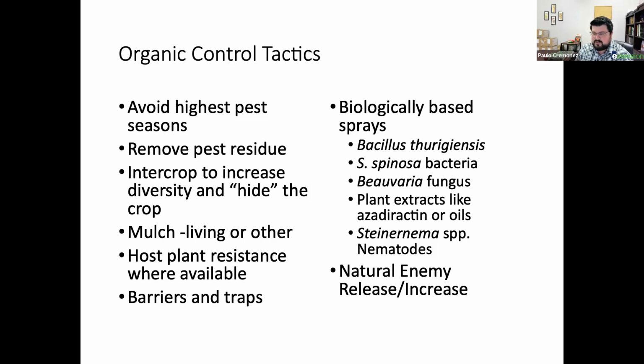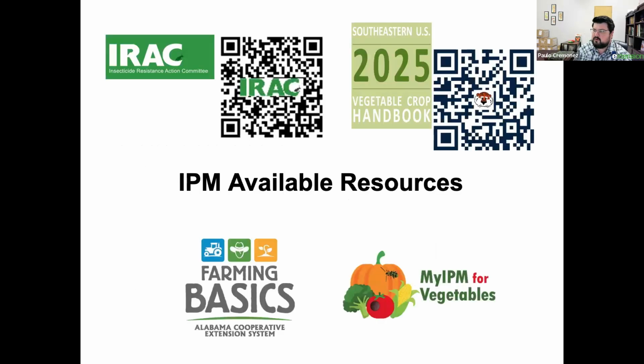Use of host plant resistance where available, like Bts, barriers and traps, and biological-based sprays like Bt, spinosad, Beauveria fungus, azadirachtin or other oils, and some nematodes for pests that occur in the roots, in the soil. Natural enemy release and increase is very important.